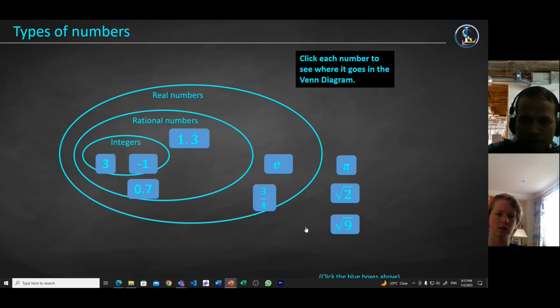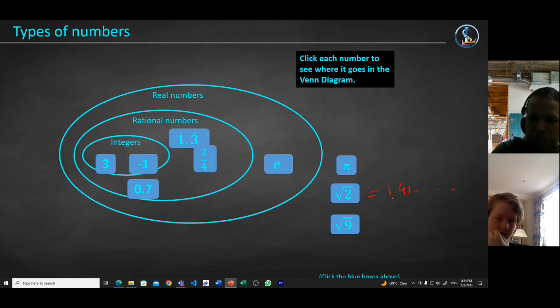I would say square root 2 and square root 9. Well, no, square root 2 would go in rational numbers, and square root 9 would go in integers. Square root 9 will go in integers, and square root 2, as you know, keeps on going 1.41. It's non-terminating and non-repeating, so we'll say it is a real number. It is not rational.